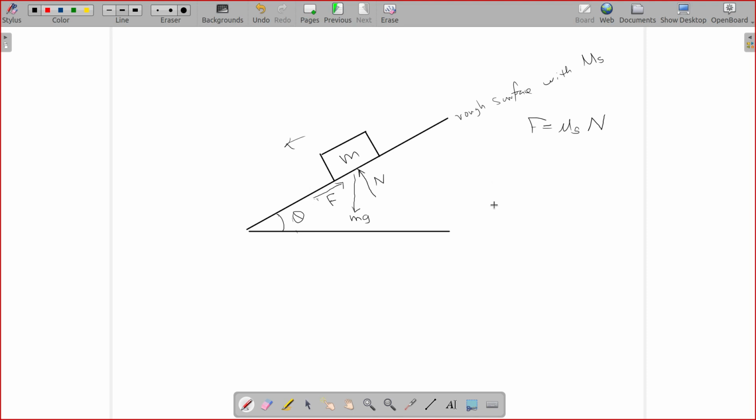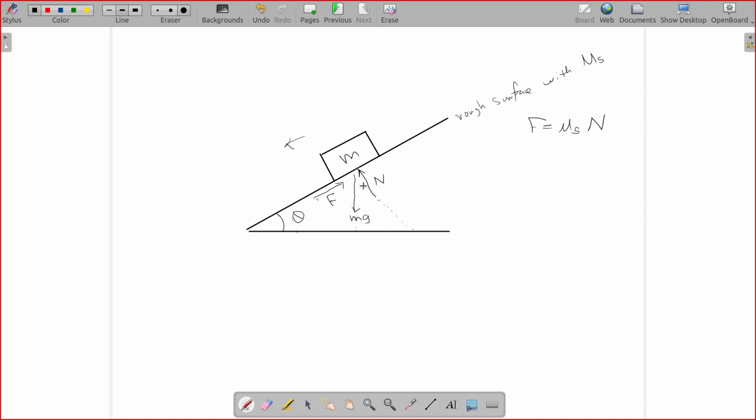The sum of n and f will be equal to, since this is at equilibrium, at point of impending motion the object is at equilibrium, which means sum of all these vectors must be 0, and this angle here is theta, and if that angle is theta, this is 90 minus theta, and this is also theta.